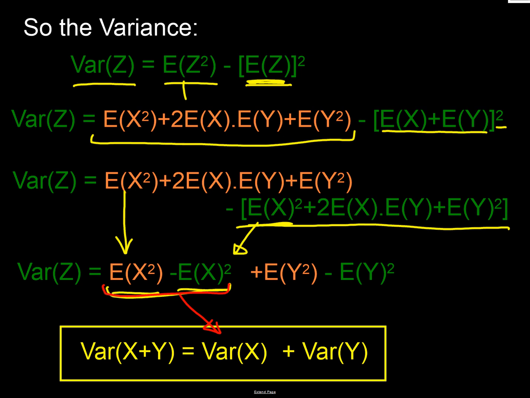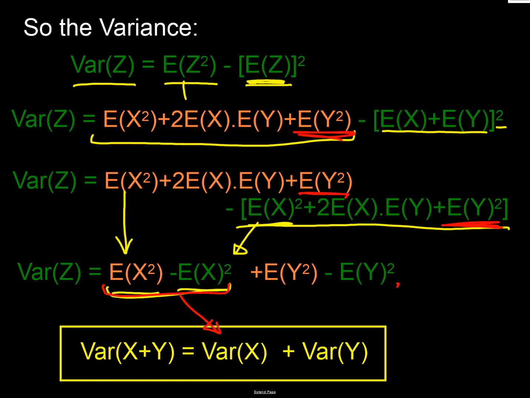Let's have a look at the final term, because I think that might help us. Here we've got our E of y squared in this bracket, and there we are. And we've got E of y, all squared from the second bracket.